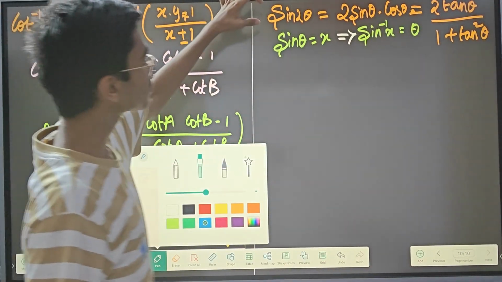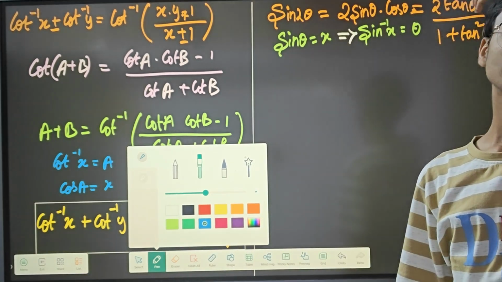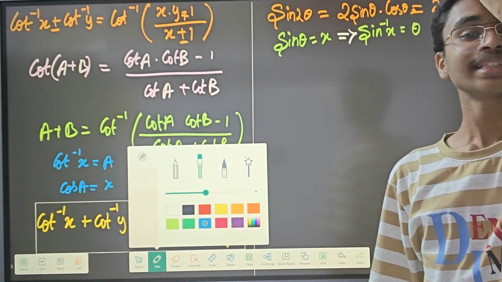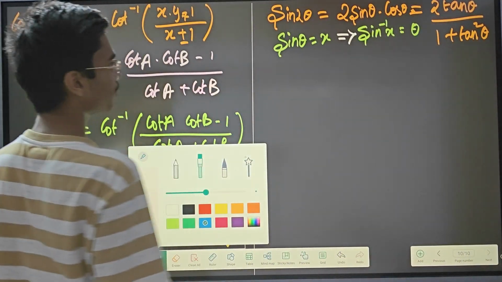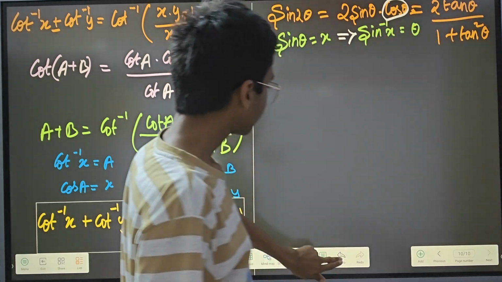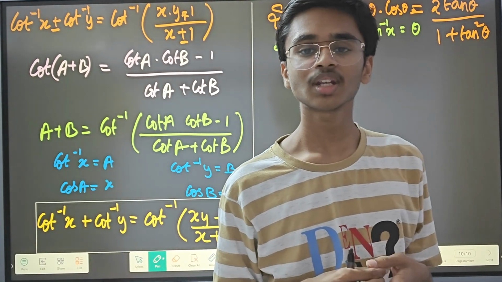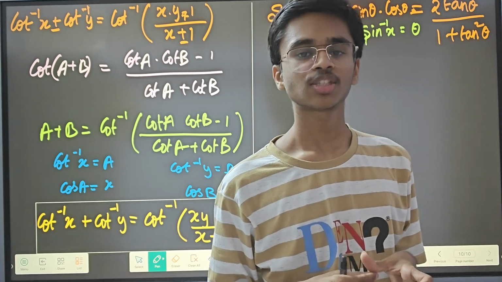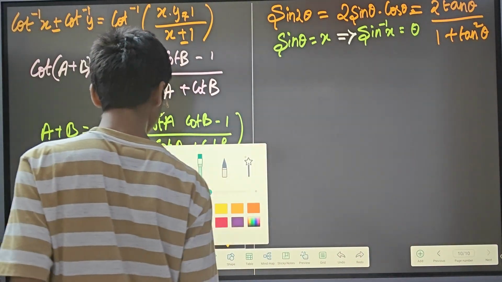Actually this is not the required formula. This is the ideal formula that I've taken in order to get the desired formula that we want. This also I'm going to convert in terms of sine itself. Then in place of cos theta, we can write root over 1 minus sine square theta.